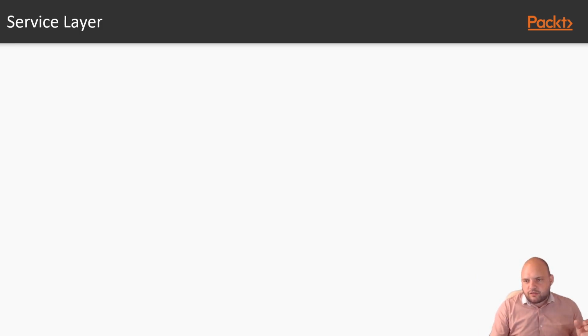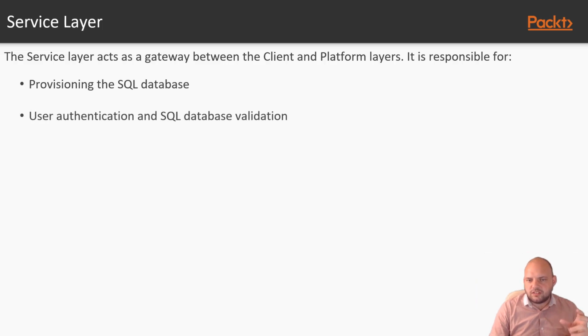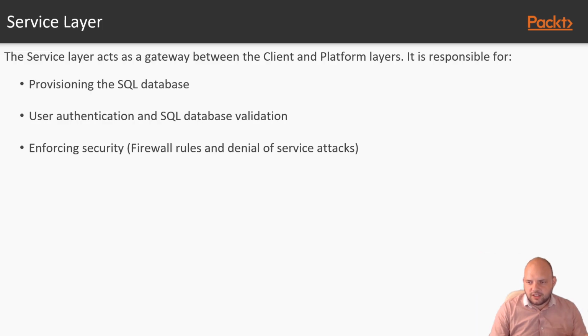Next up, we have the service layer. Now, the service layer acts as a gateway between the client and the platform layers, and it's responsible for things like provisioning the SQL database, user authentication and SQL database validation, enforcing security, so it looks after things like firewall rules and denial of service attacks.